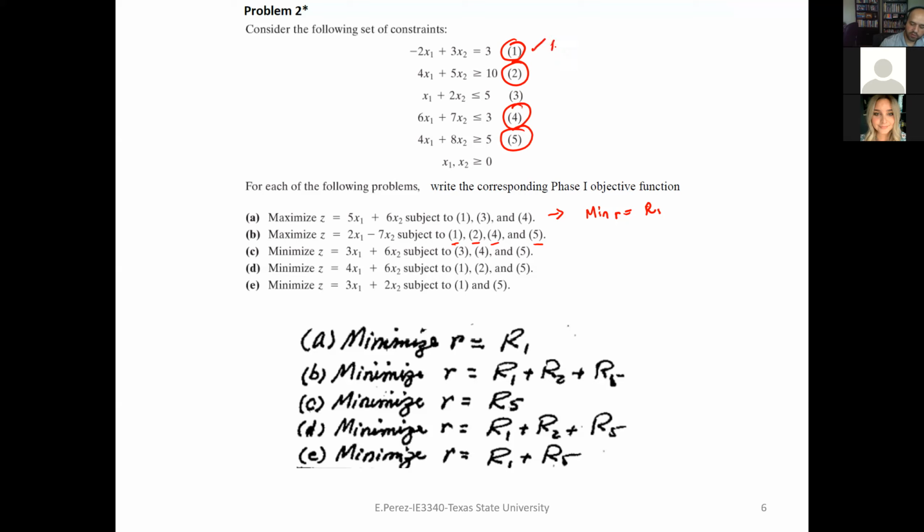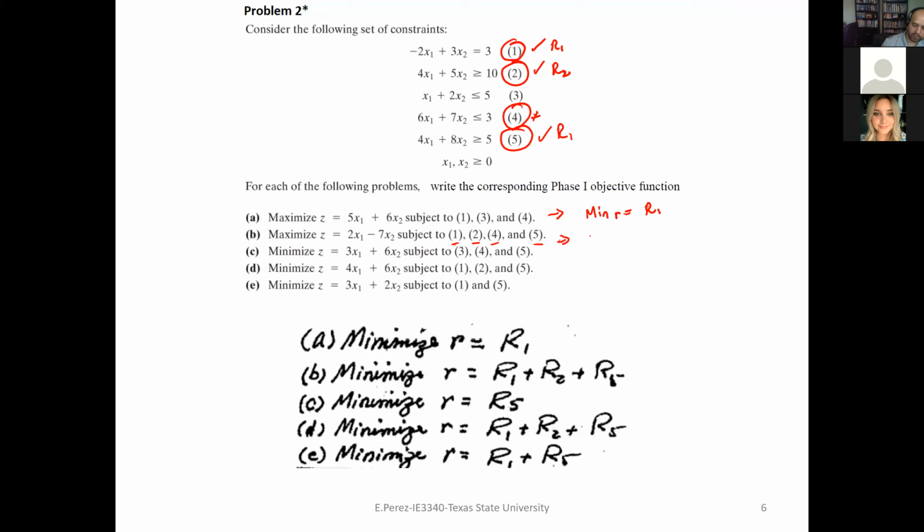So we need an artificial variable for this one. We also need an artificial variable for this one because it is a greater or equal to, so there's no slack variable there. And then for this one, we don't need one, because this is a less than or equal constraint. But for this one, we need an artificial variable because it's a greater or equal to constraint. So in this part, we need 3 artificial variables.